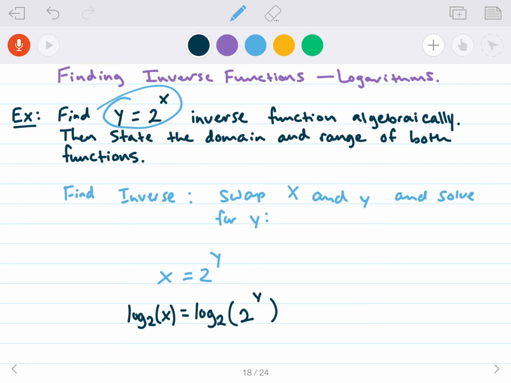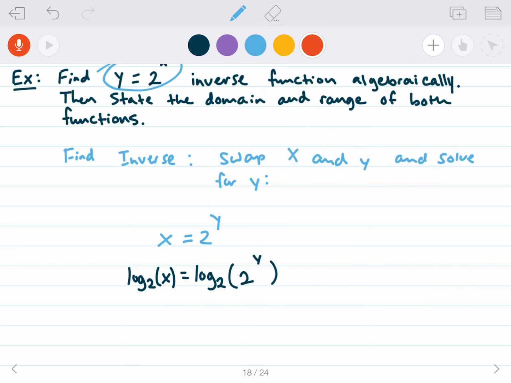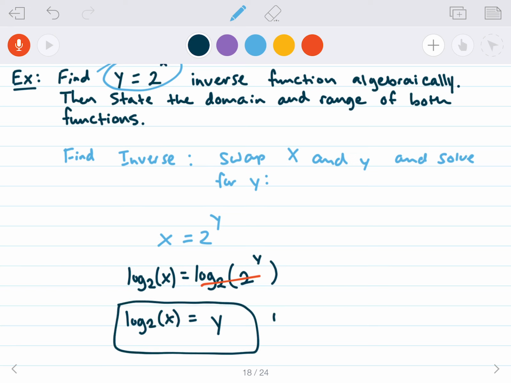I'm not going to go into why that is, but it would be something good to think about. But I'm just going to do log base 2 because it's the most natural thing to do here. At least I think it is. Now, because of that inverse property, that guy's going to cancel on the right, and we're simply going to be left with y equals log base 2 of x. So we have found our inverse function algebraically.